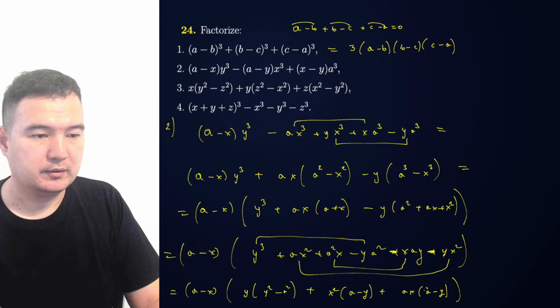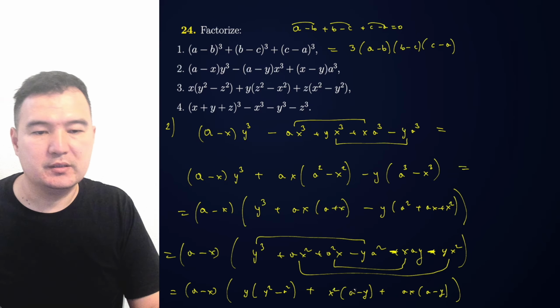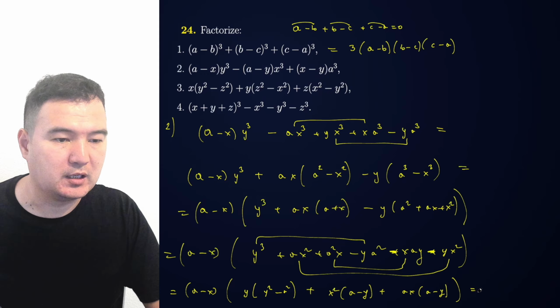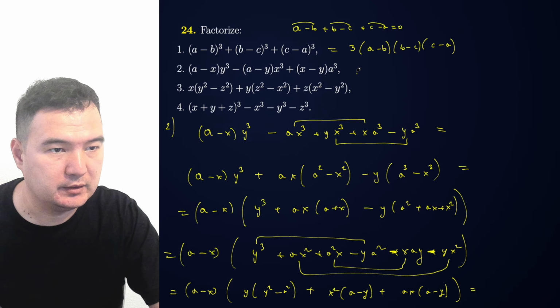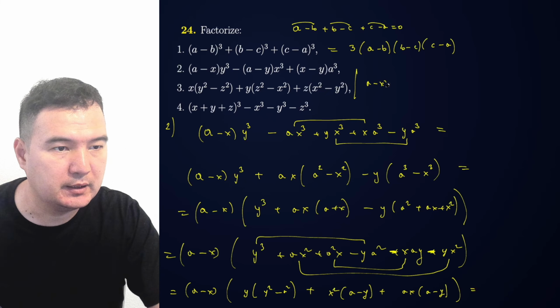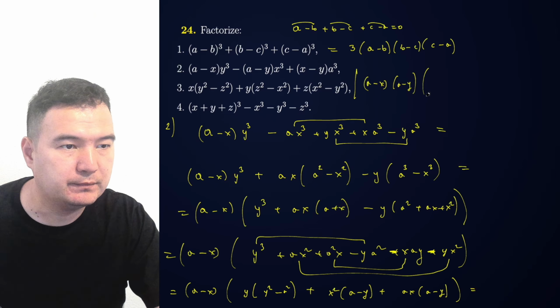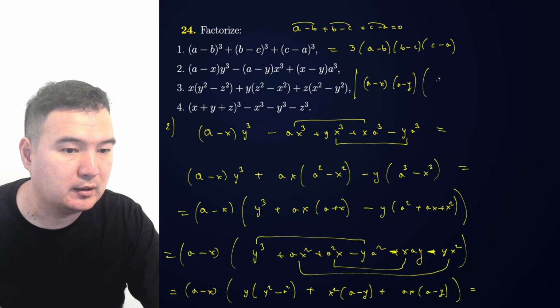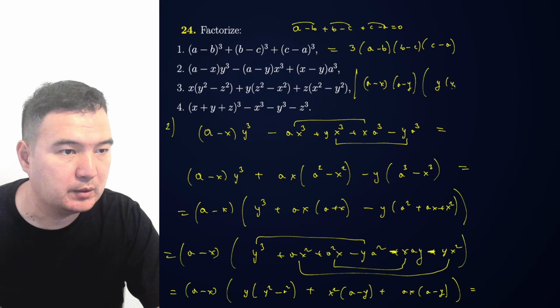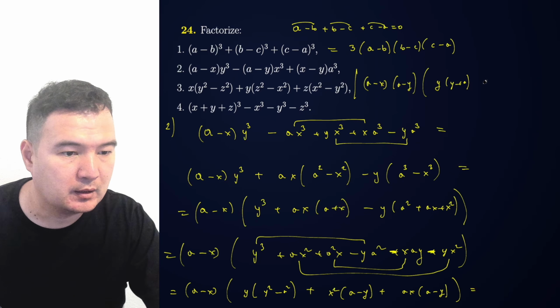Here, if you take out a minus y as a common factor, you are left with, let me write it here, (a minus x)(a minus y), and in the final one, we are left with y times (y plus a) plus x squared plus ax.